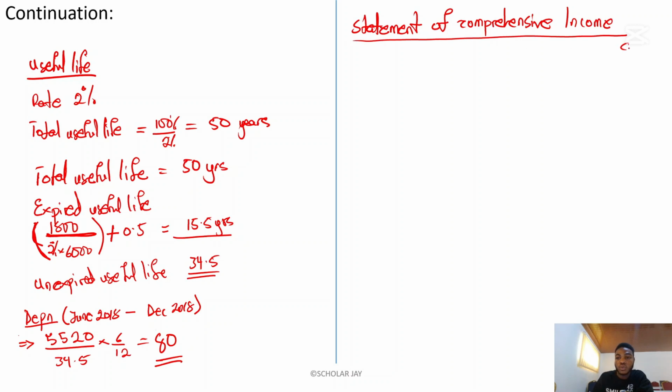Now, in this one, we'll have our depreciation. This is the profit and loss account, right? So the depreciation. Now, the question is for 2018. What depreciation was calculated in 2018? This 80. Do you agree? So 80. We are looking at the whole year, not only when the revaluation happened. So the depreciation will be 80 plus the 60, which was calculated under the cost model. Do you agree? So you have 140 here.